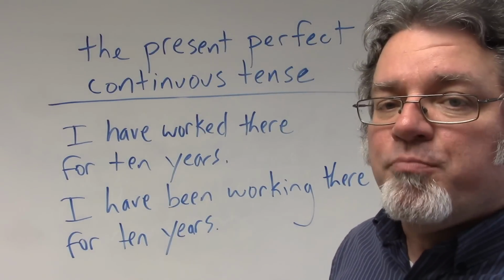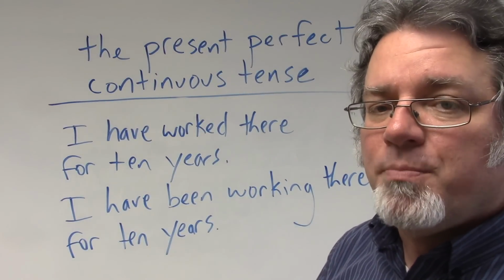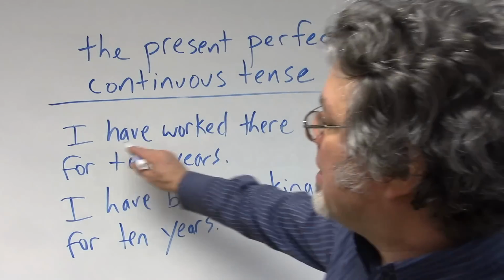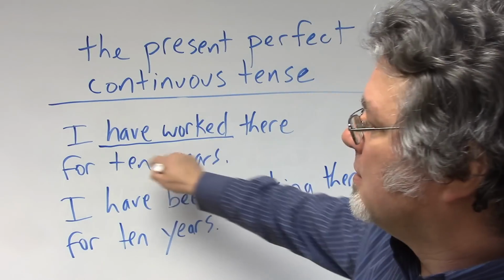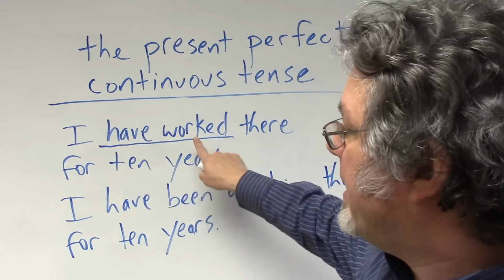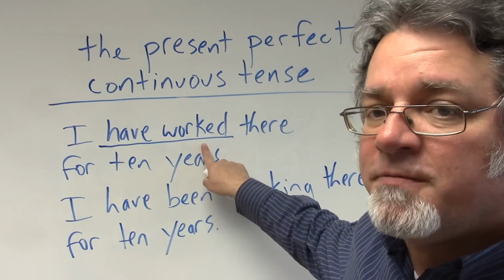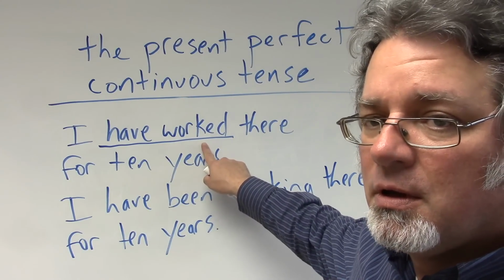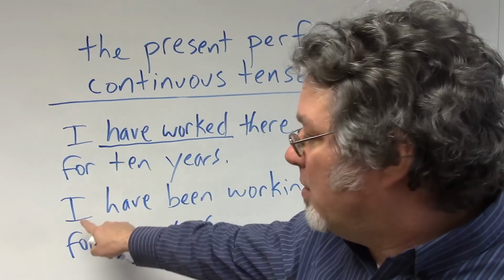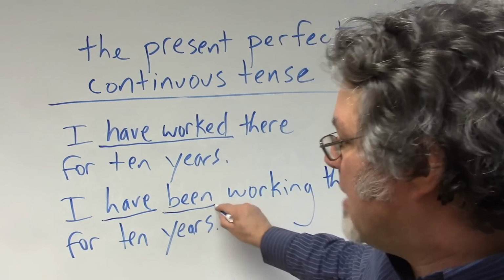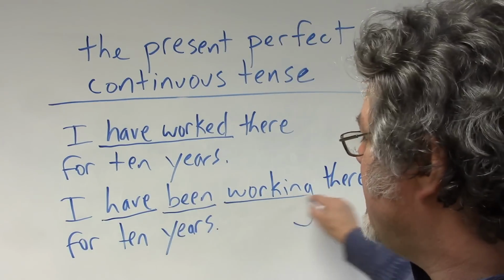Let's compare the present perfect tense to the present perfect continuous tense. Here's the present perfect tense. The helping verb is have, it matches the subject, and the main verb is in the form of a past participle. In the second example, here's a helping verb, and then this is also a helping verb, and then this is the main verb.